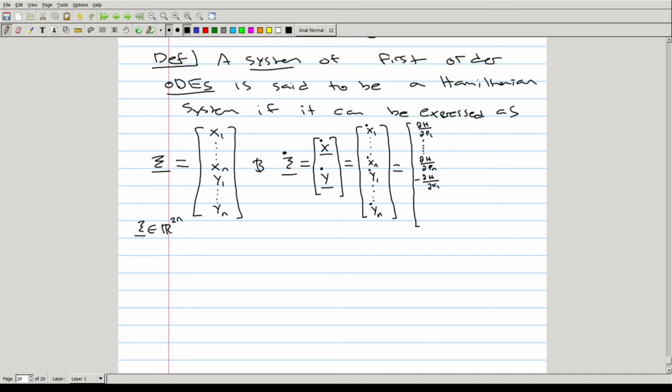Let me move this up a little bit so these are in line. All the way down to yn dot, which is negative the partial derivative of H with respect to xn. Oh, and I just realized I used pn's up here because I was thinking in terms of the mechanics, but this is going to be y1 to yn.